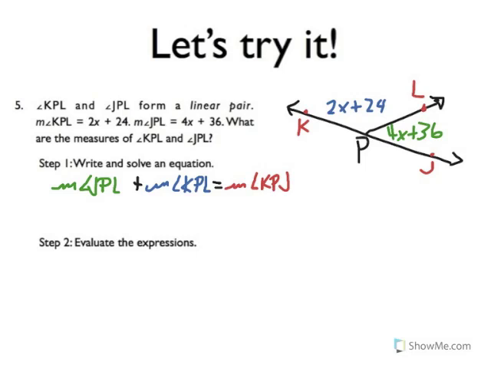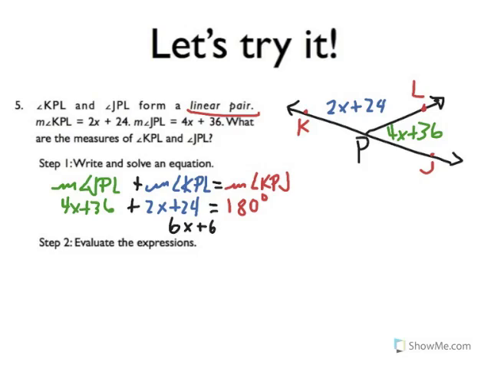The measure of angle JPL is 4x plus 36. The measure of angle KPL is 2x plus 24. And the measure of angle KPJ is 180 degrees. Remember that in a linear pair, they form a straight angle, which has a measure of 180 degrees, so they are supplementary.